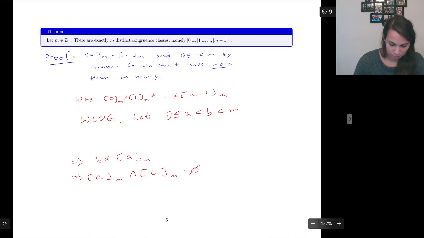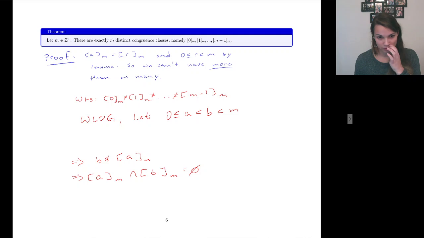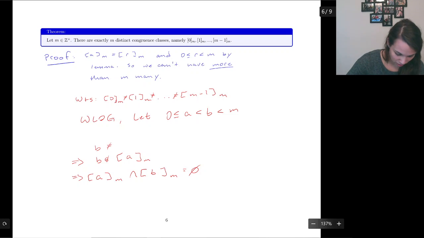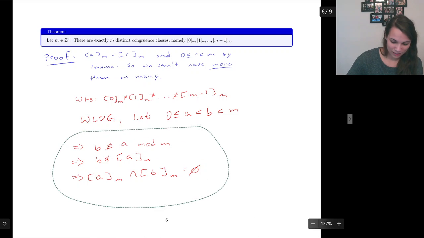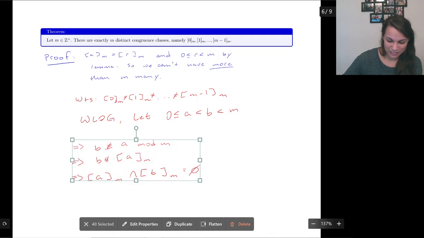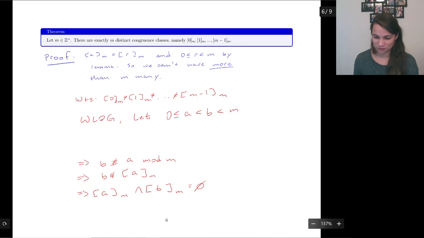We want to prove that B isn't going to be an element of the congruence class of A, which means we want B to not be equal to A mod M. This is one of those cases where you see what you need from the bottom, but not so much from the top.